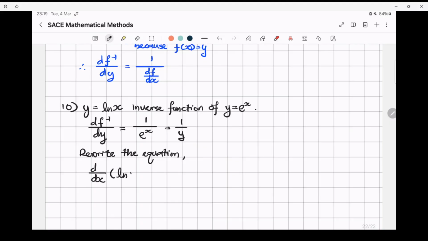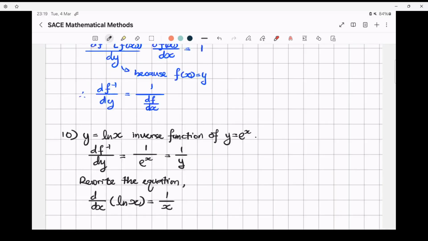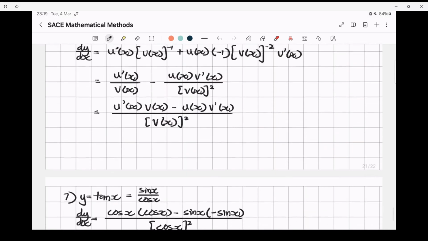The differentiation of ln x will be just equal to 1 over x. So that's how you get the differentiation of y equals ln x. If you require second derivatives, basically you just differentiate it 2 times.